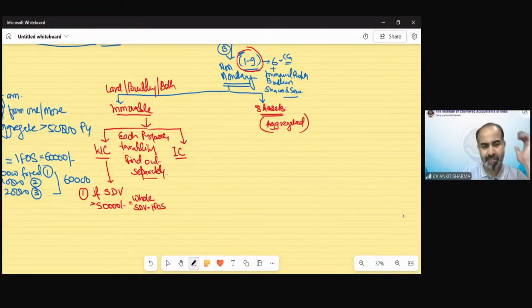As simple as that. And second point, if stamp duty value is less than or equal to 50,000, no income from other source.